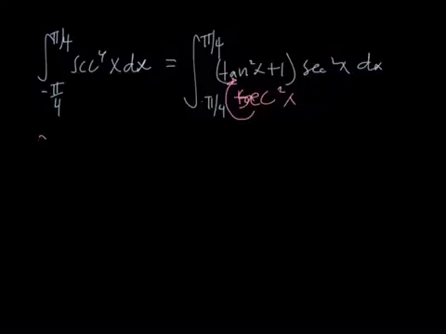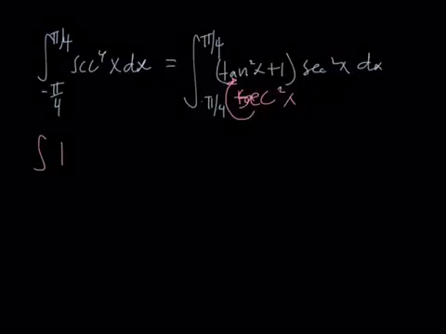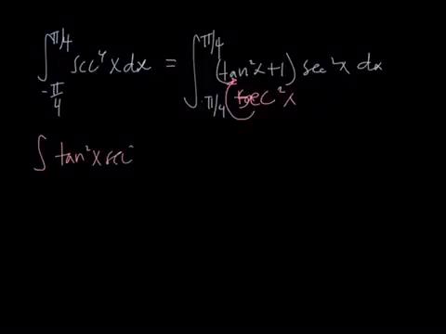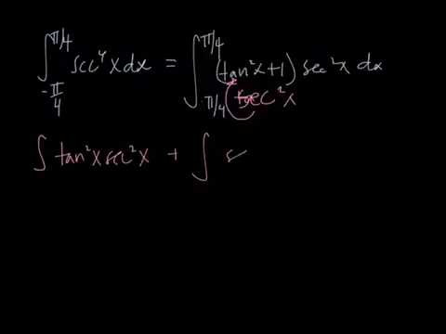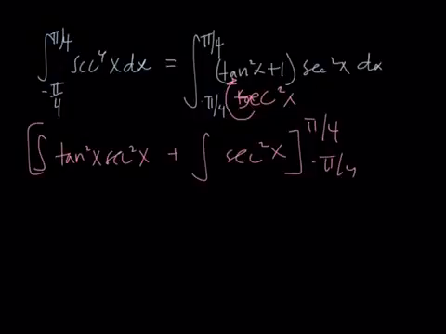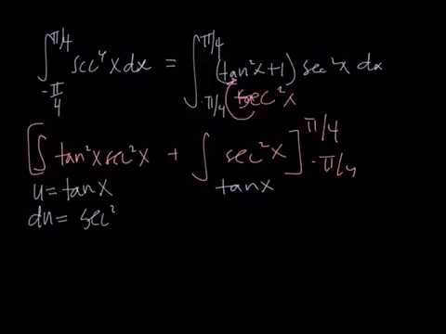So now I'm going to make this a little bit easier on myself. This is going to be the integral of tangent squared of x secant squared of x plus the integral of secant squared of x, and the whole thing is from negative pi over 4 to pi over 4. Just changing the notation so it's easier on me, that's all. This guy is tangent of x. That's easy. This guy is not so easy, but we can use a u substitution. So u equals tangent of x, and I picked that because du equals secant squared of x dx.